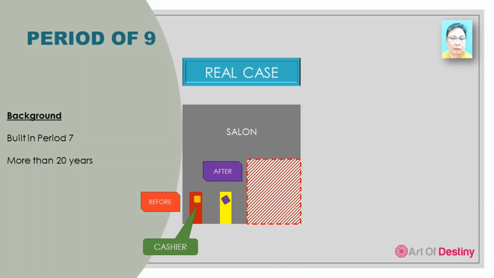In the beginning, they were enjoying very good business, right? Then later on, as we entered period 8, the business slowly declined. It didn't decline suddenly; it went on a couple of years, but the curve was going down.